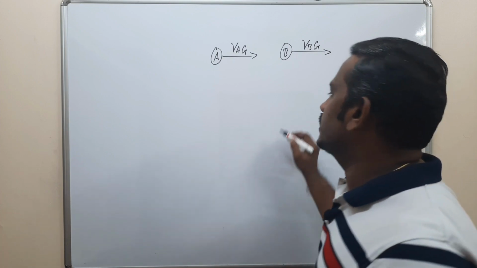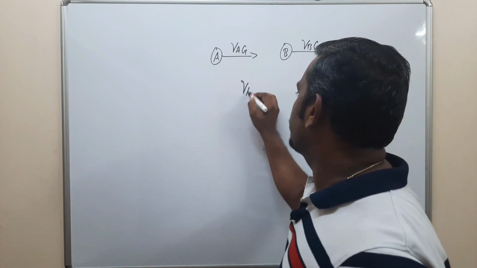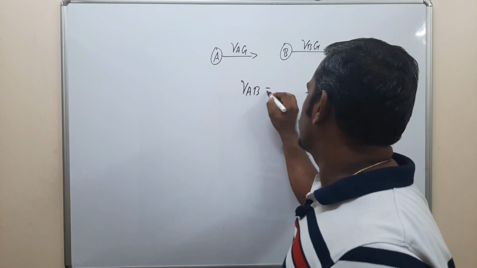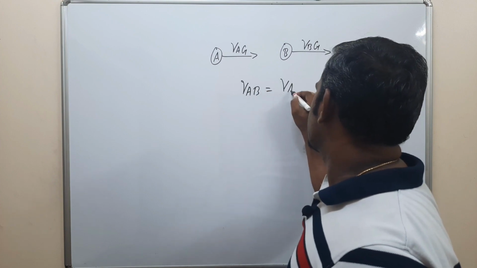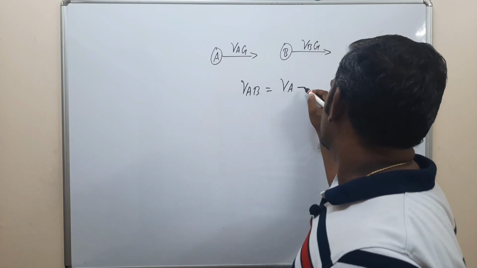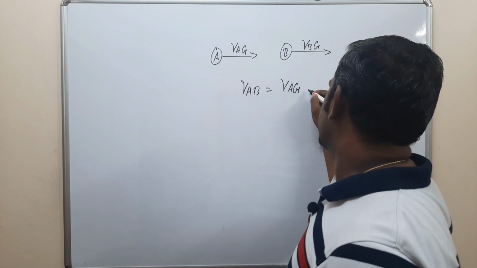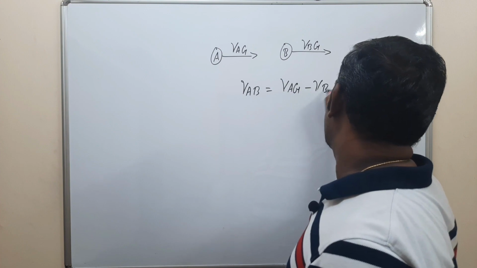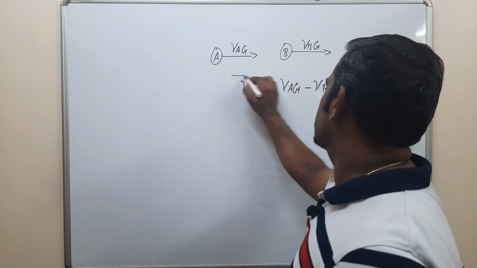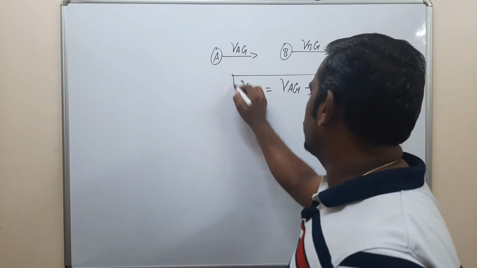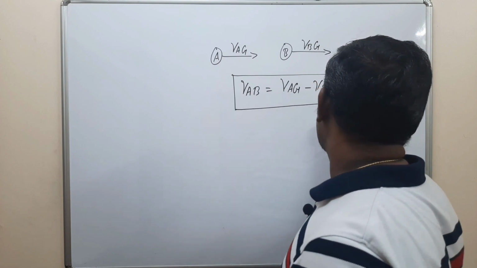Then what we have seen is that the velocity of A with respect to B is equal to velocity of A with respect to ground minus velocity of B with respect to ground. Normally we will consider ground as the frame of reference.